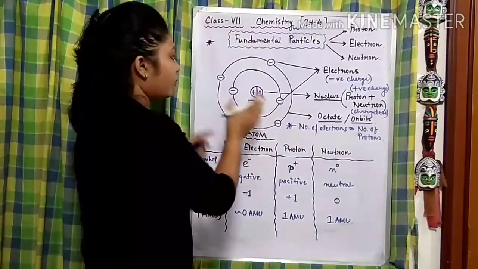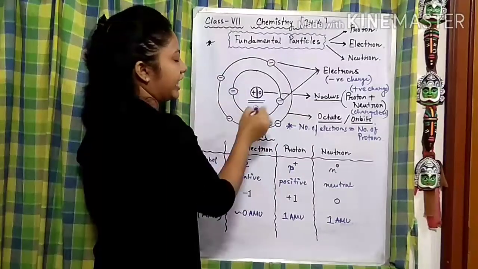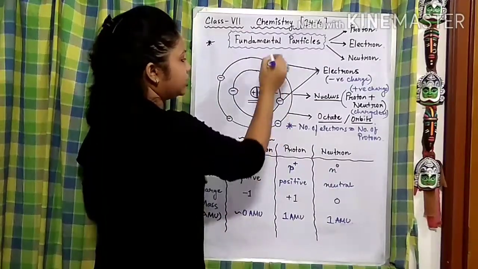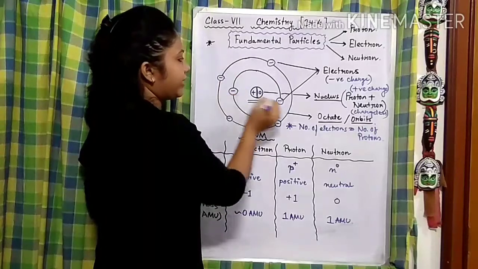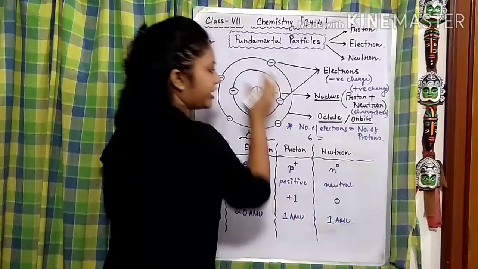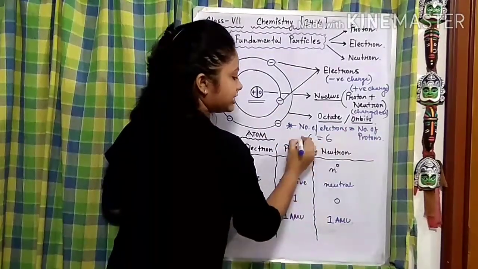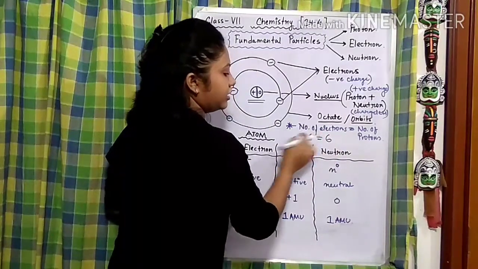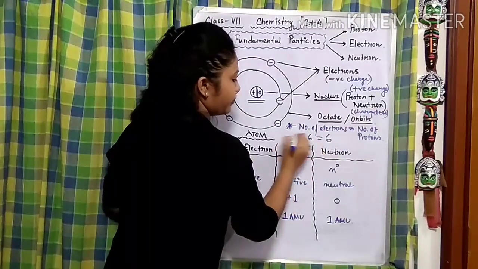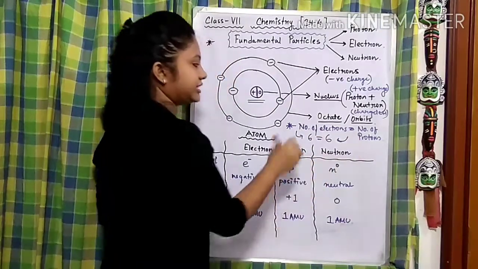Okay, so what does that stand for? Here you can see how many electrons are there. 1, 2, 3, 4, 5, 6. So the total number of electrons in this diagram is 6. So how many protons should it be? 6. So here the number of electrons is 6, so the number of protons will be 6.